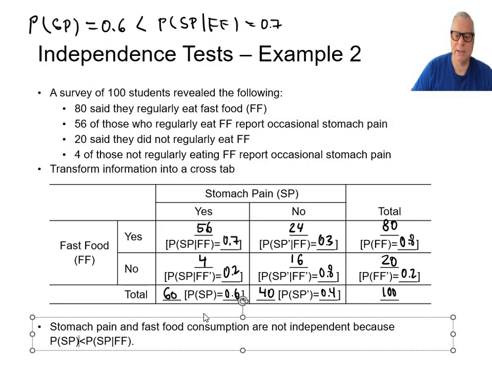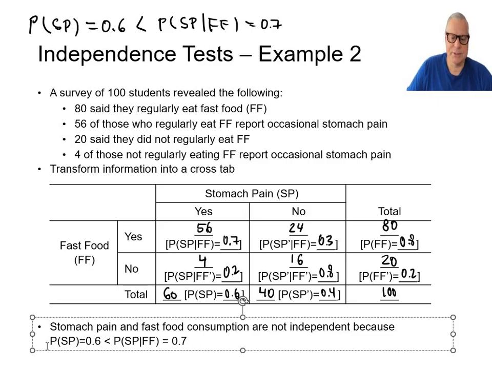So the probability that a randomly selected individual has stomach pain occasionally is 0.6, but that is less than the probability that somebody has stomach pain given that they regularly consume fast food, that's 0.7.